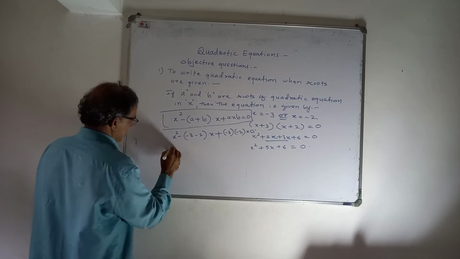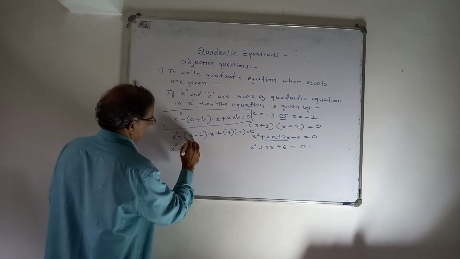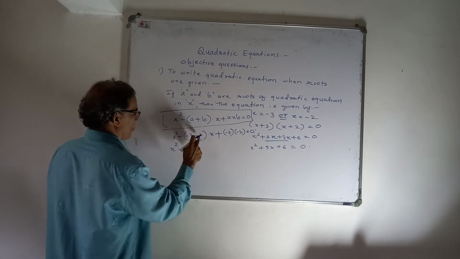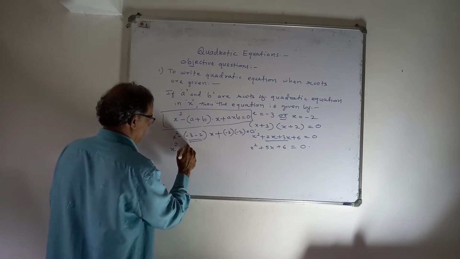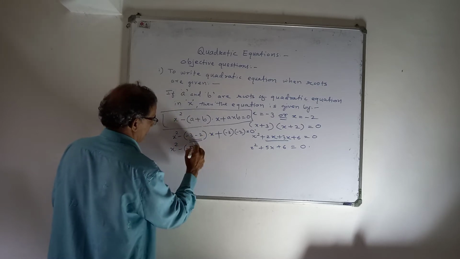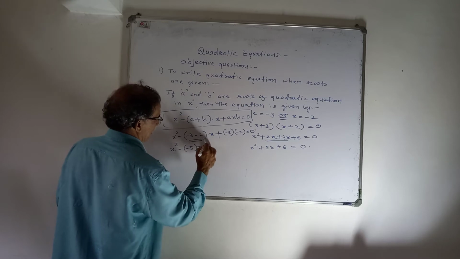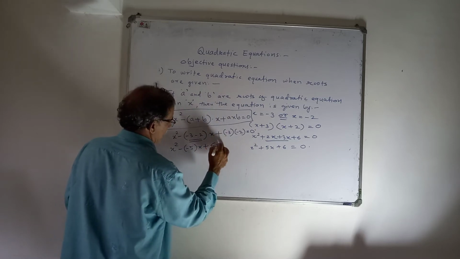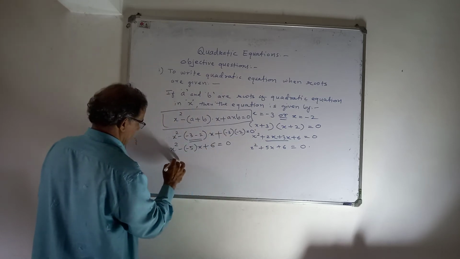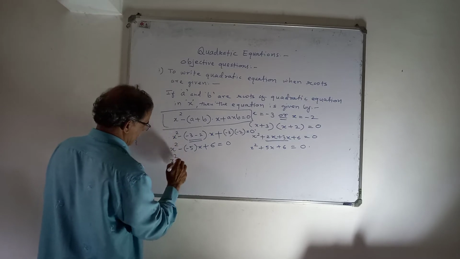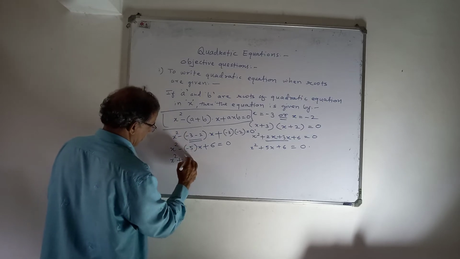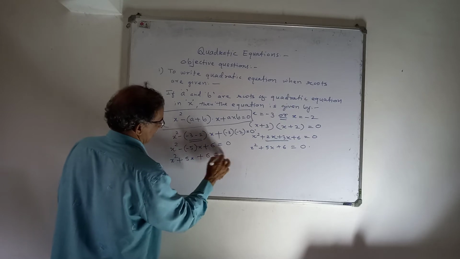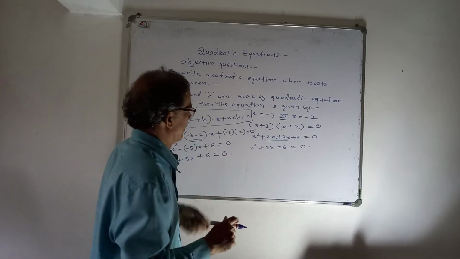Now see here, it is x square minus (minus 3 and minus 2), how much? Minus 5, into x, plus minus 3 into minus 2 means plus 6 is equal to 0. So x square plus 5x plus 6 is equal to 0. See, this equation is obtained.